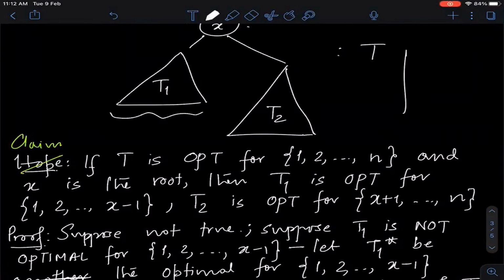If I take any node other than X, and let's say I'm looking at some node i on the left side, what is going to be the search time of this particular node in T, if I want to write it in terms of its search time in T1 and something more? Now I'm asking a much simpler question, just about one node.